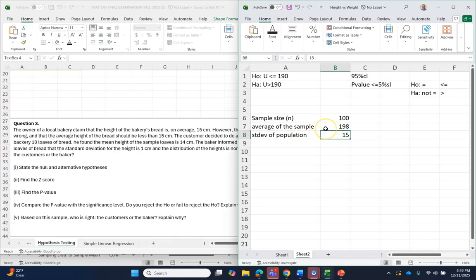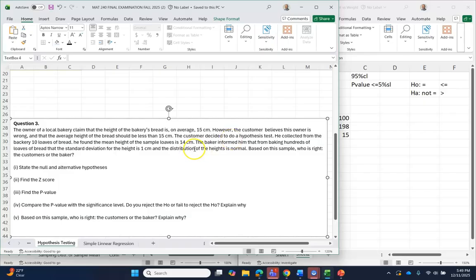For me, my average is 198. And you can see this is less than 15. And therefore, is this significantly less than 15? But also, you need the standard deviation. Let's see if the standard deviation of the population is provided. Yeah, this information was provided by the owner of the business.